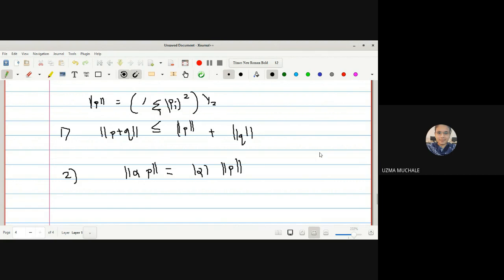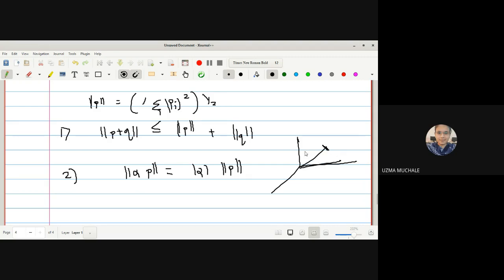So let me show you how the second property will work. Suppose you are in a 3D space and suppose this is the norm of P. What is the norm of P? It is nothing but the distance from the origin. Right? Norm tells you the distance from the origin, and modulus will tell you the distance between any two points. Your first point may be your origin. Does everyone know this? Yes, ma'am. Okay, norm is telling you the distance from the origin.